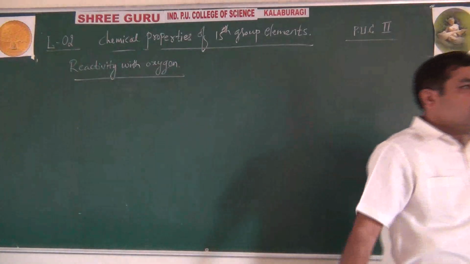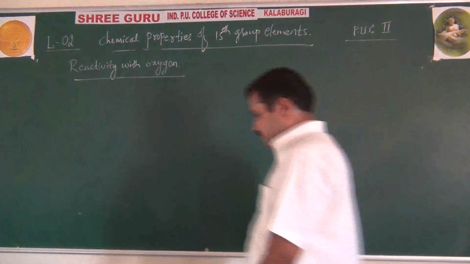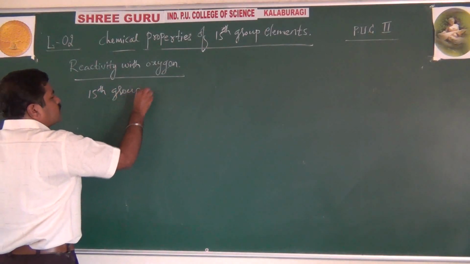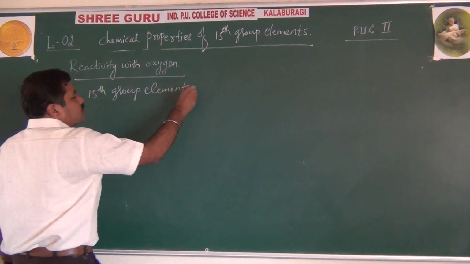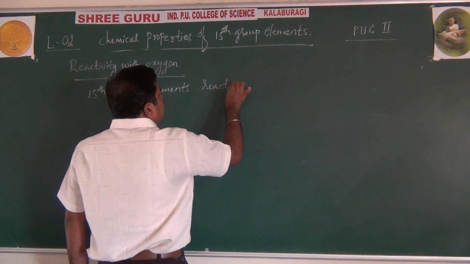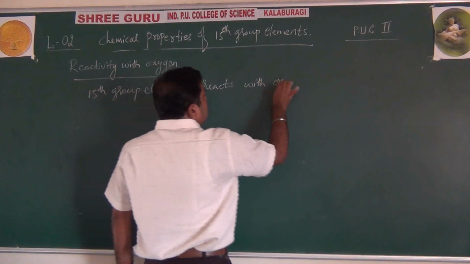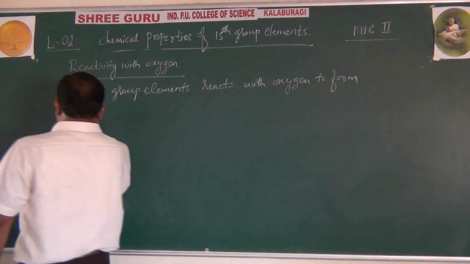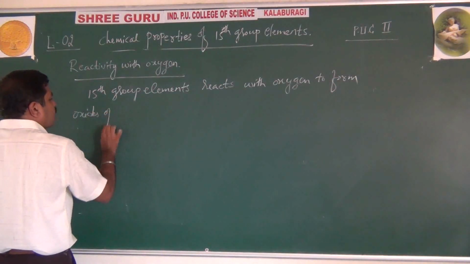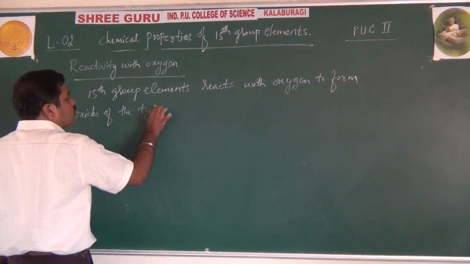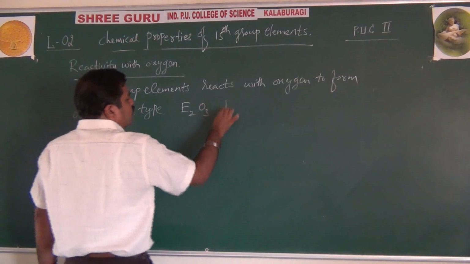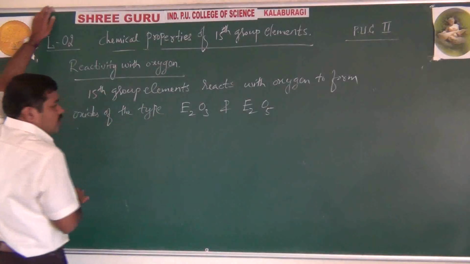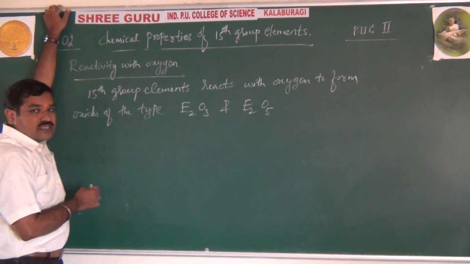Here it is the same thing. 15 group elements react with oxygen and form oxides of the type E2O3 and E2O5. That means they form respective trioxides and pentoxides.